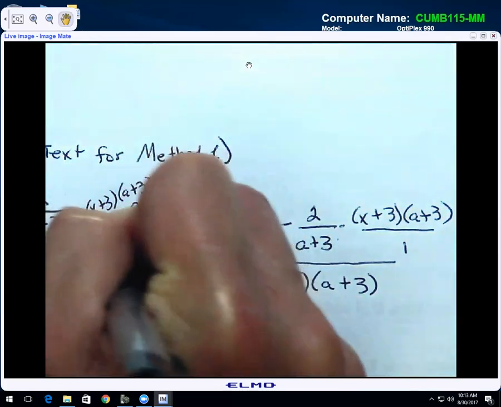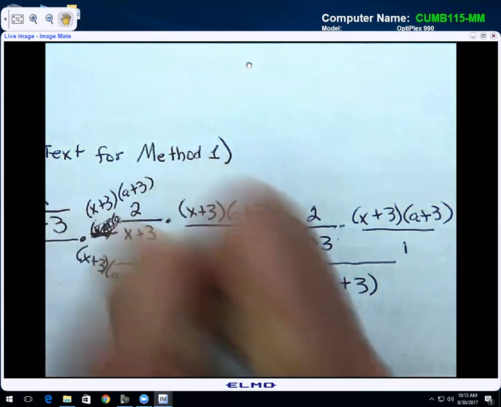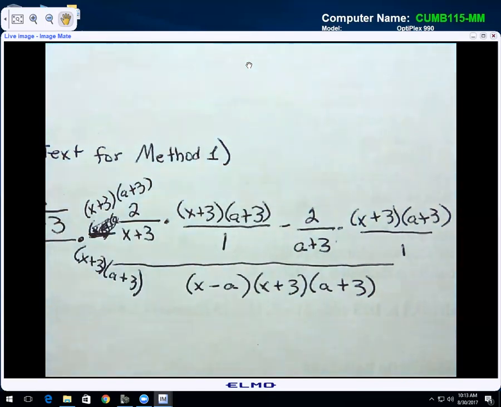I'm gonna hate how this looks on video because that's not my style. But actually, I multiplied the whole original problem by LCD over itself. And then I distributed the LCD times both terms in the numerator. So I'm going ugly times this one, ugly times that one, ugly times that one.